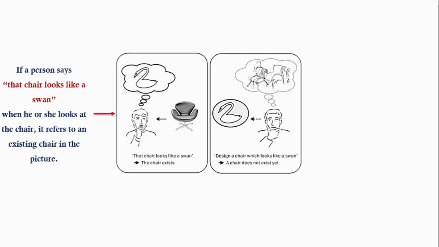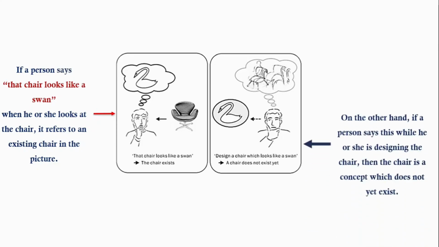Okay, so by just watching that chair, he is thinking, oh, this chair is representing the concept of a swan. When he or she looks at the chair, it refers to an existing chair in the picture. So when that person is looking at the chair, he is telling that this chair is like a swan, and the existing chair is present over there, right?